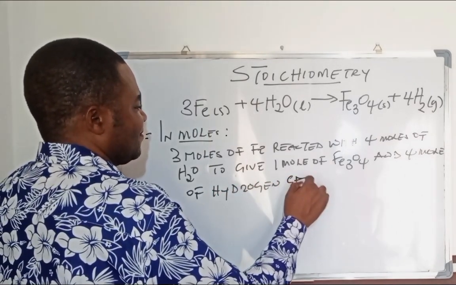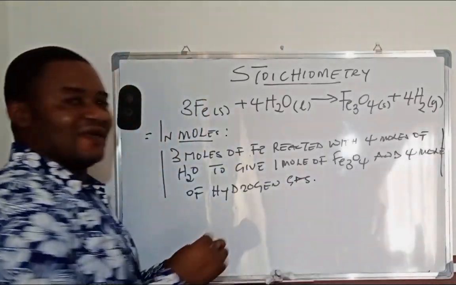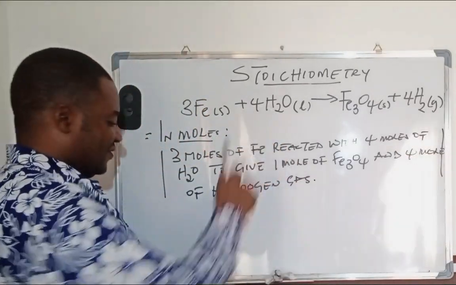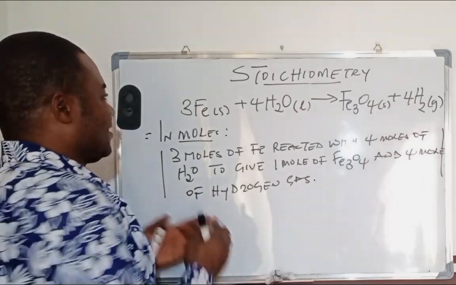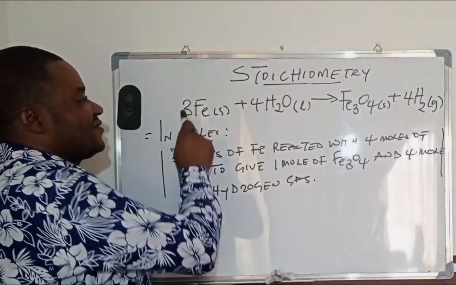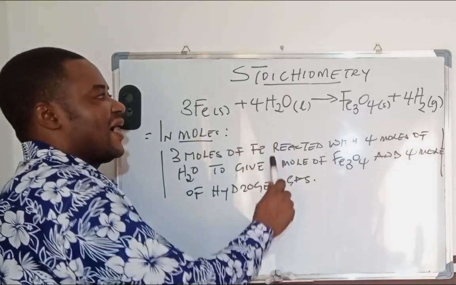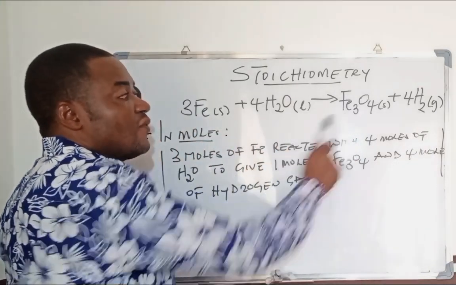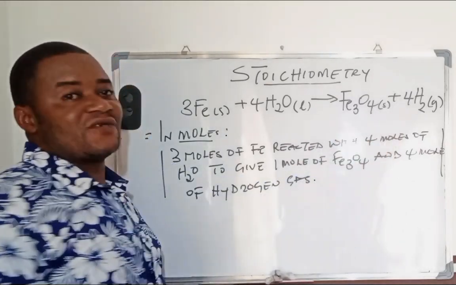Now, this is the stoichiometric interpretation of this equation that we have here in moles. So it means that you reacted 3 moles of iron with 4 moles of water, and it yielded 1 mole of iron 3 oxide plus 4 moles of hydrogen gas.